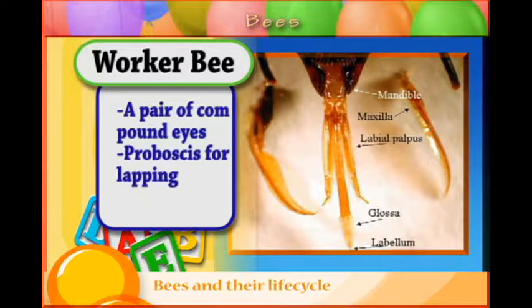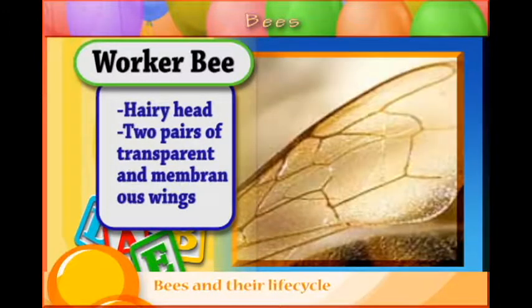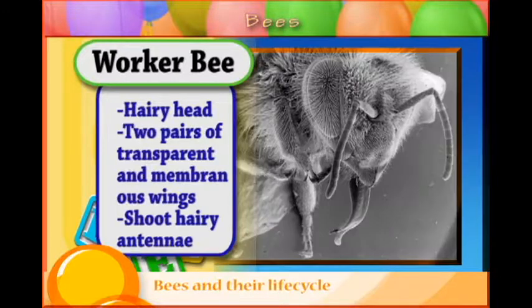The head is hairy, with a lot of hair, and they have two pairs of membranous and transparent wings, and a pair of short hairy antennas. Those are the characteristics of the honey bees, mainly the worker bees.